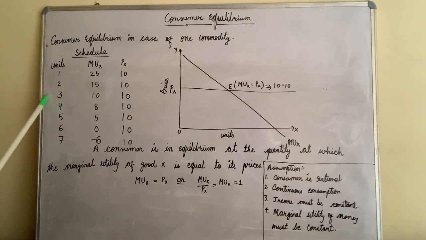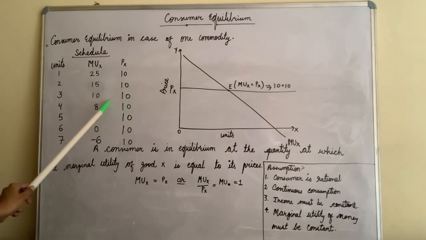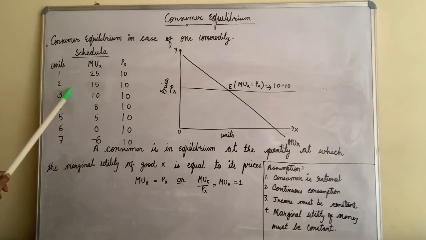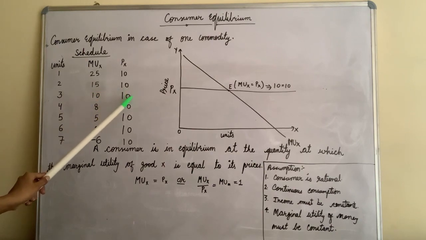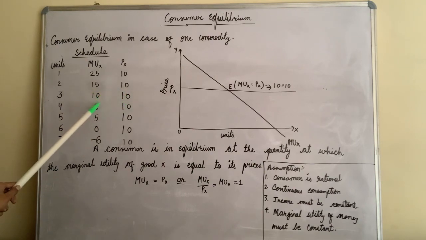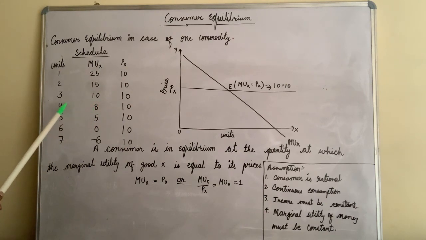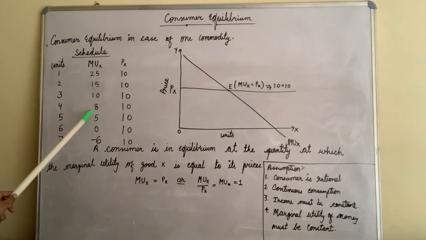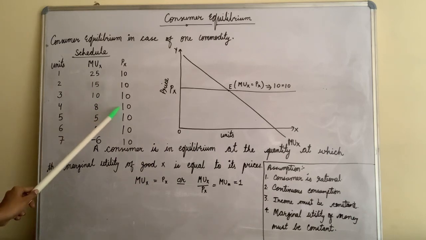So this is the level where I see that it is not good enough to eat the next unit of KitKat. If I eat the fourth unit, it gives me 8 satisfaction against a price of 10.